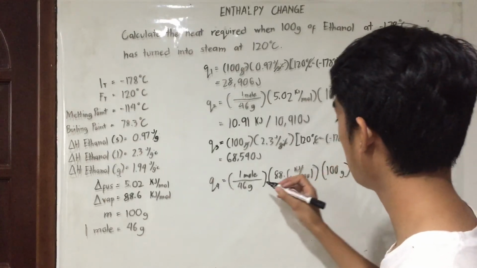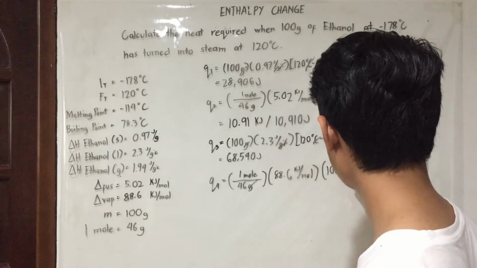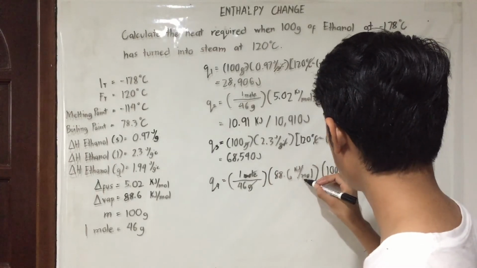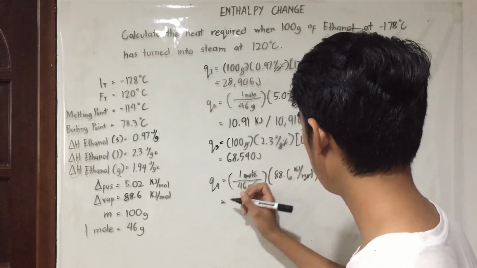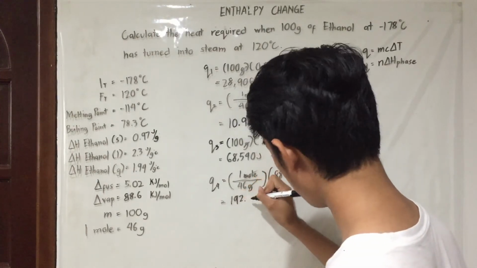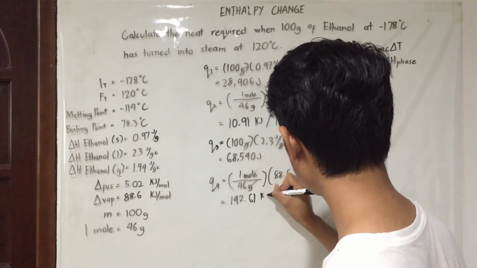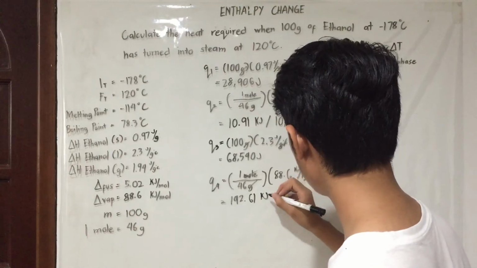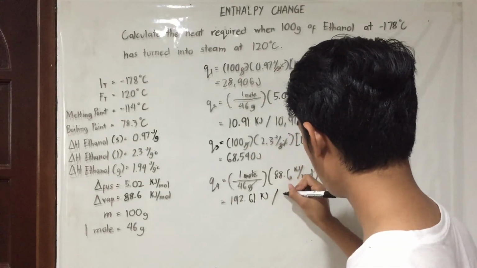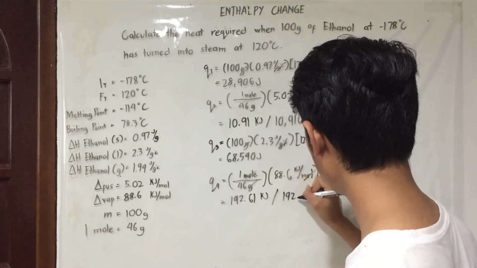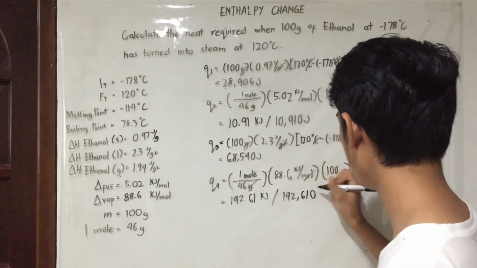Just take note of that. So cancel, 192.61, 2 decimals so we don't have too much value, or 192,610 joules.